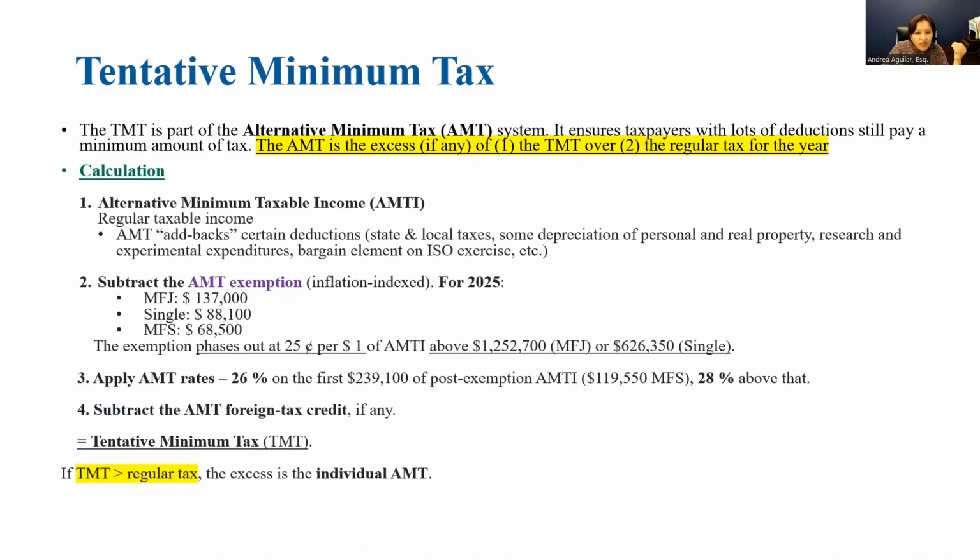For now, we are going to just assume that this taxpayer only works in the US. So that will give you the tentative minimum tax. Now, if the tentative minimum tax is more than your regular tax, the excess will be the famous alternative minimum tax.